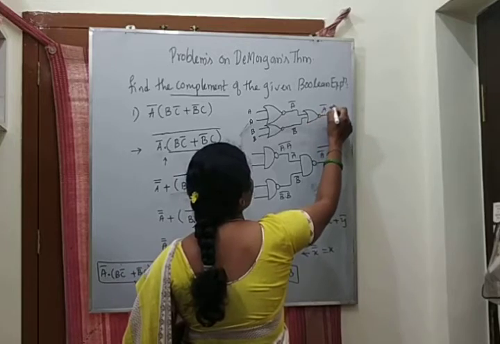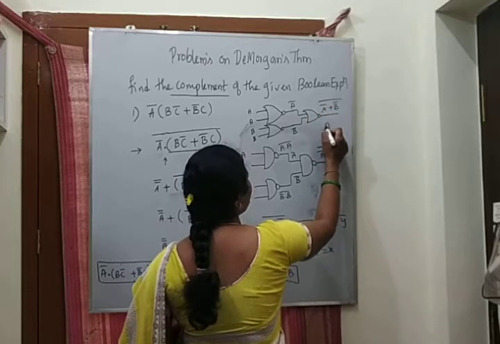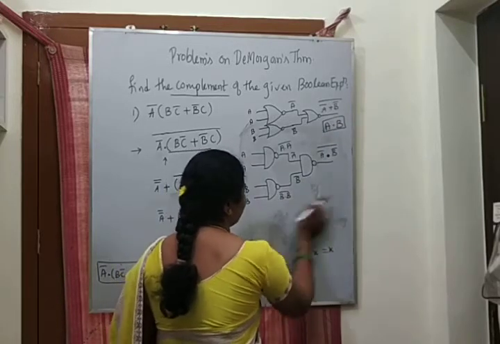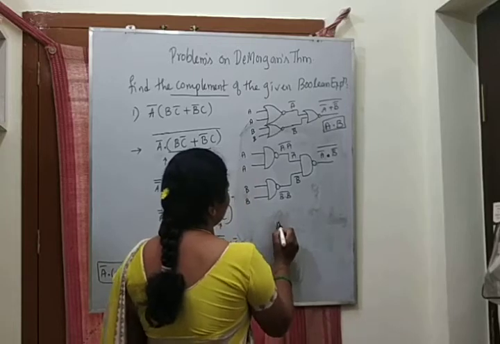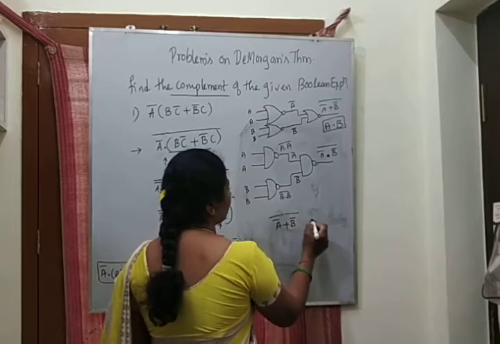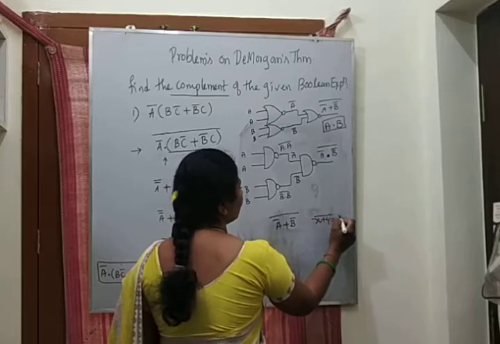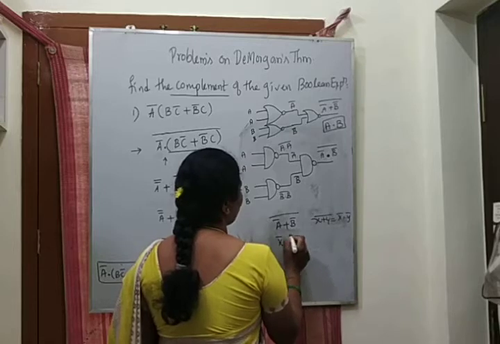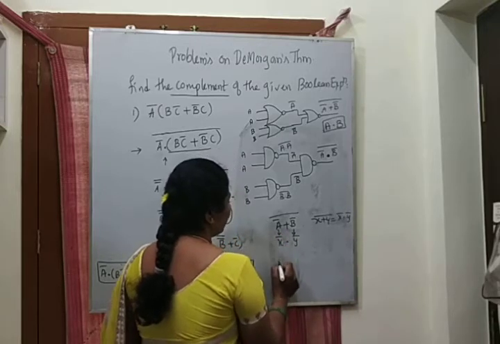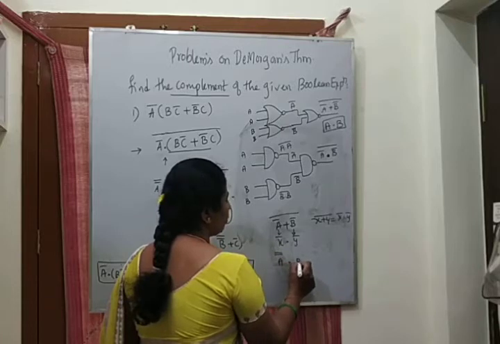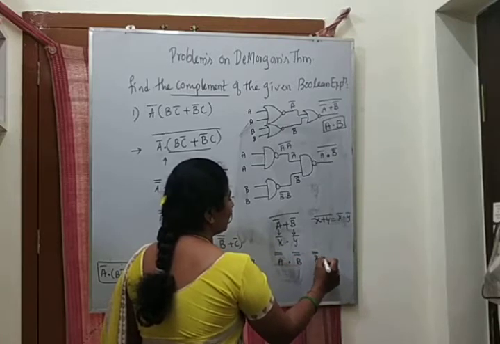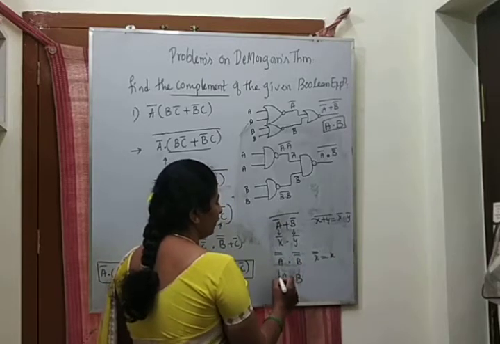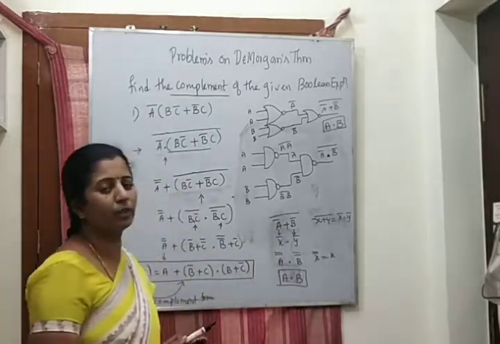A complement plus B complement whole complement, but I need A into B. How will I get A into B? Similarly, apply your theorem. x plus y can be written as x complement into y complement, so apply that over here. So A double dash into B double dash, x double dash can be removed and written as x, so A into B. This also we have proved with De Morgan's theorem.